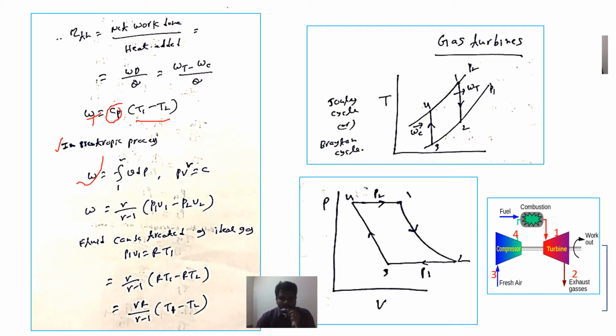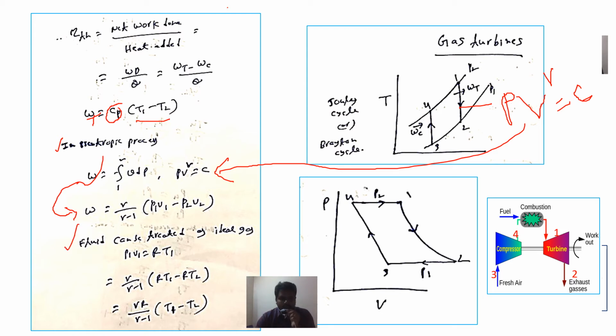Since process 1 to 2 is isentropic, PV to the power gamma equals constant. When we do the integration, work done by the turbine equals gamma by gamma minus 1 into P1 V1 minus P2 V2.